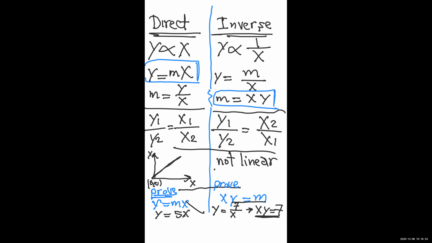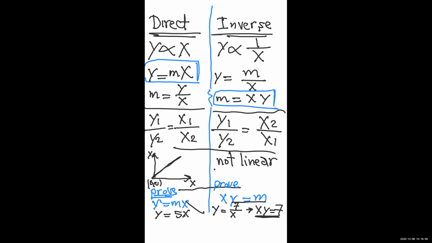On the inverse variation, y varies inversely with x, which means 1 over x like this. So y equals m over x, so xy will equal m. I just used the cross multiplication, guys. Then y1 over y2 equals x2 over x1, and it's not a linear function. How to prove?